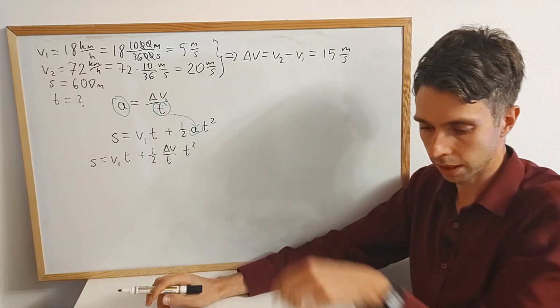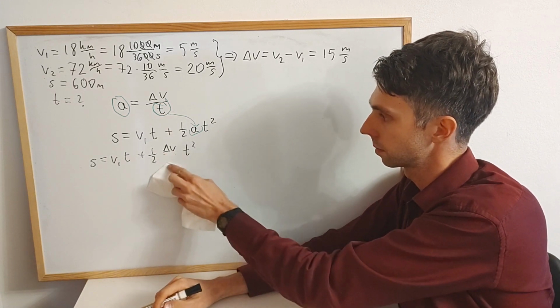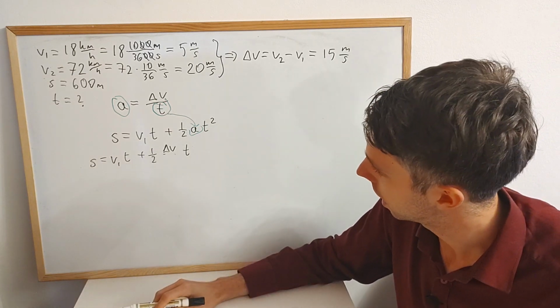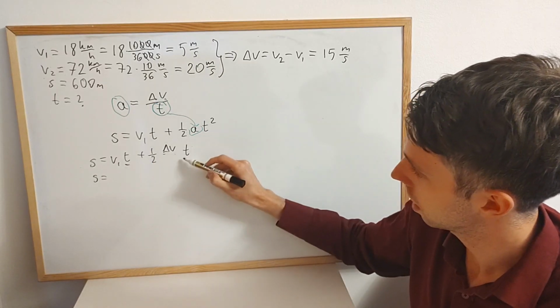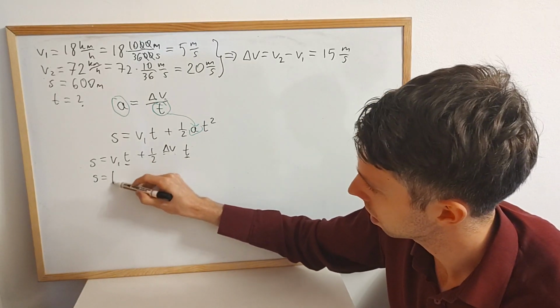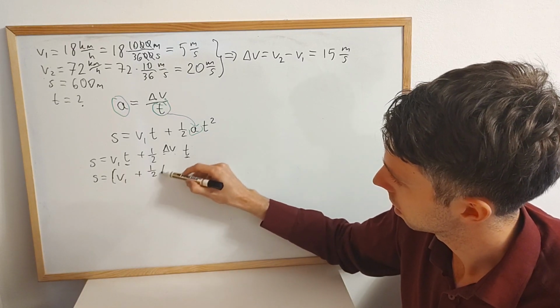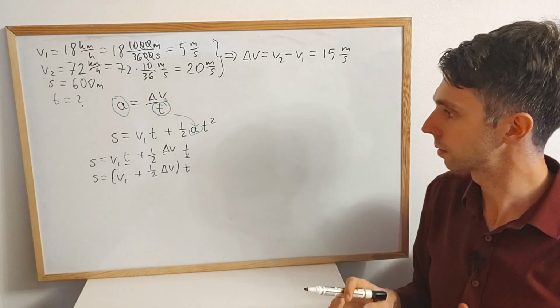So t reduces. So we have like this. We can see that t is a common factor, so it's like this. And now you have two options.